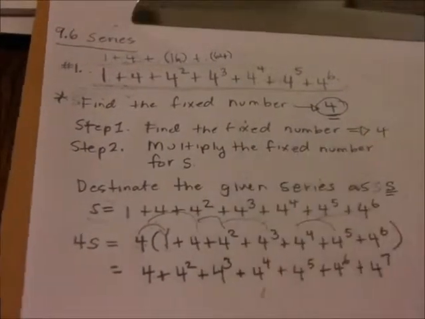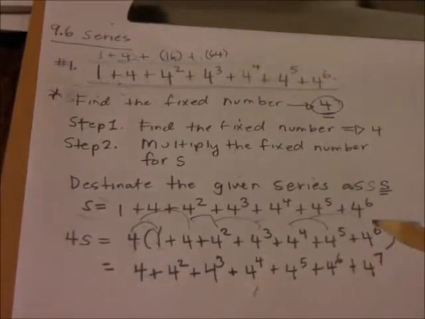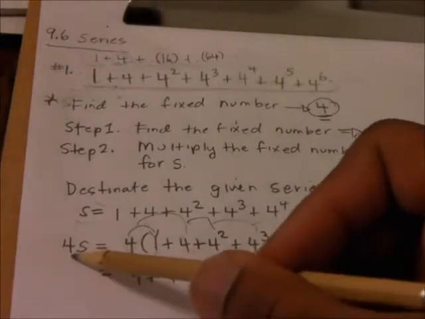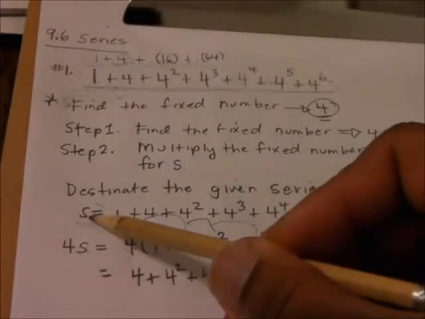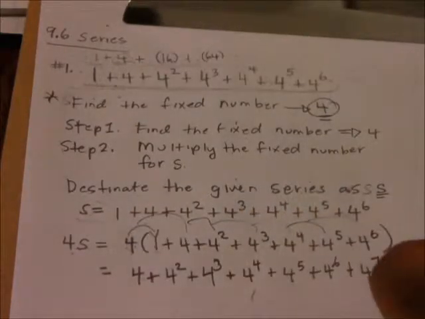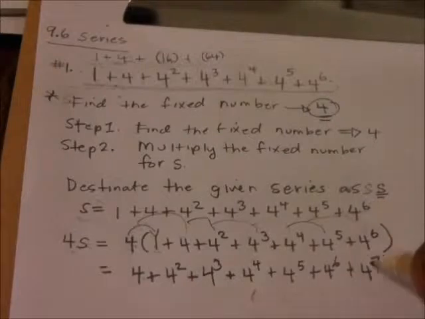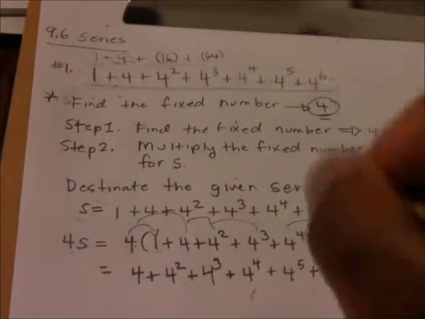So you're going to have these exponents increase by 1 each time. If you compare 4 times S with regular S, you can see that 4S is increased by 1 in the exponent, and there's a reason for that.